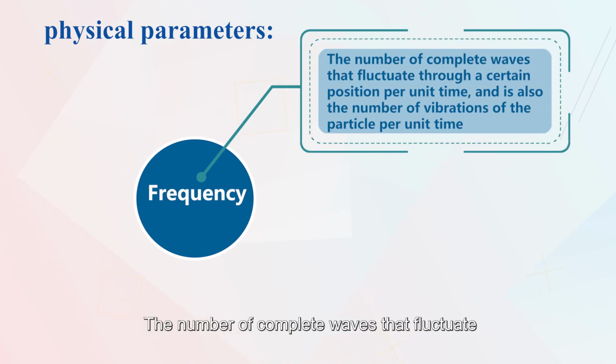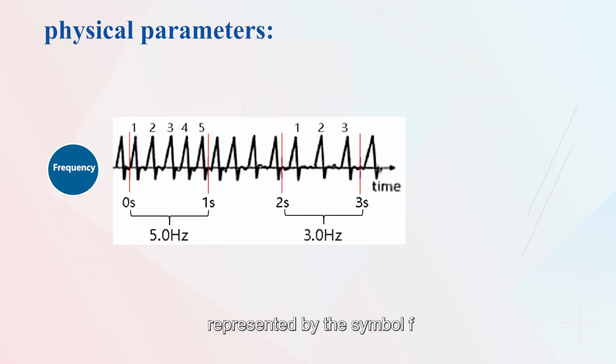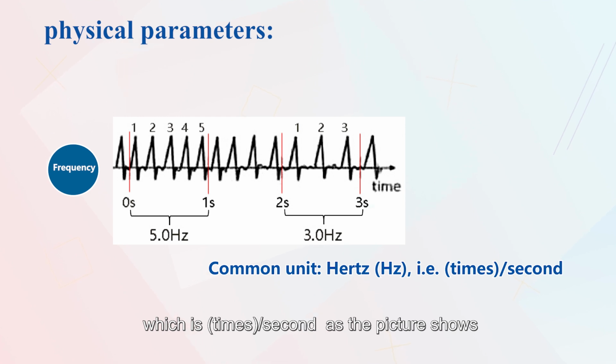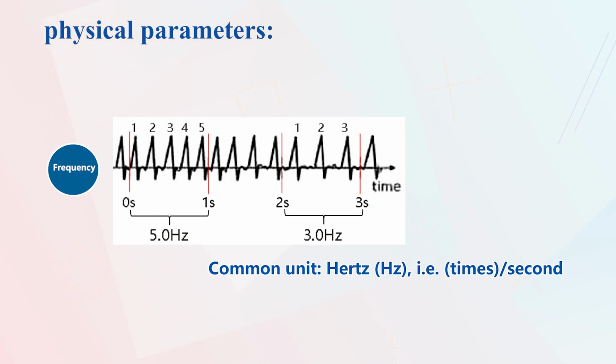The number of complete waves passing through a certain position per unit time is called the wave frequency, and is also the number of vibrations of the particle per unit time, represented by the symbol f. The common unit of frequency is Hertz, which is times per second, as the picture shows.